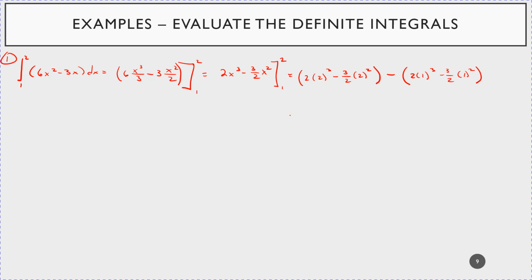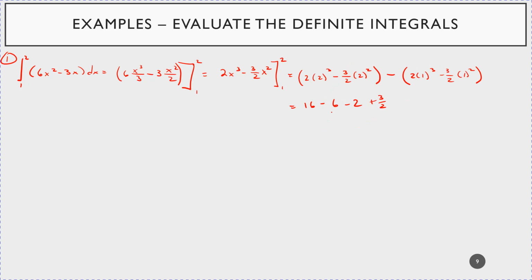Unfortunately now it's just a little bit of arithmetic and you have to clean this up. So 2 cubed is 8 times 2 is 16, minus, let's see, 2 squared is 4 divided by 2 is 2, so minus 6. And then minus 2, and then plus 3/2.